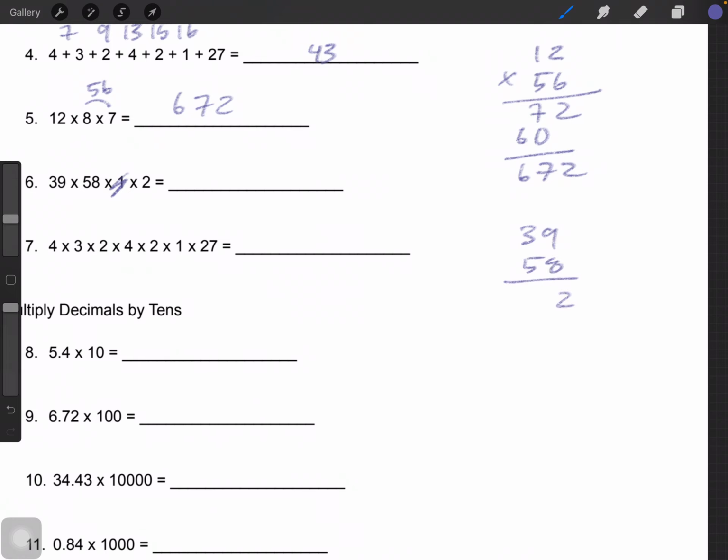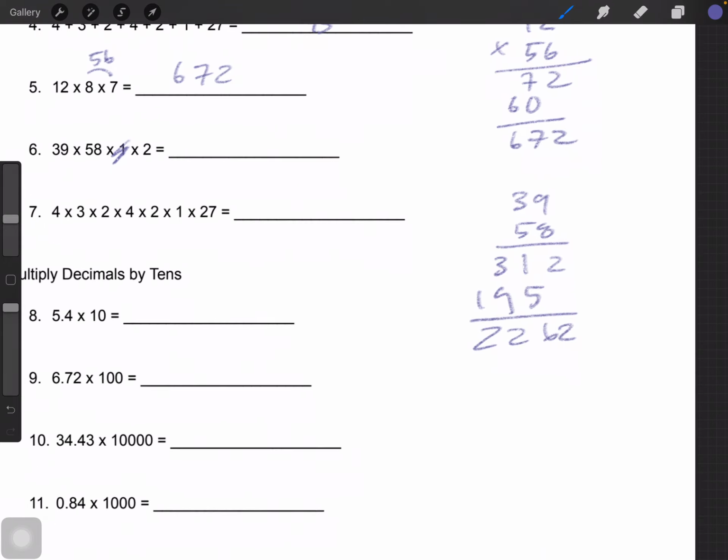I'm going to multiply this by 2, so it gives us 4252. This will be your answer.